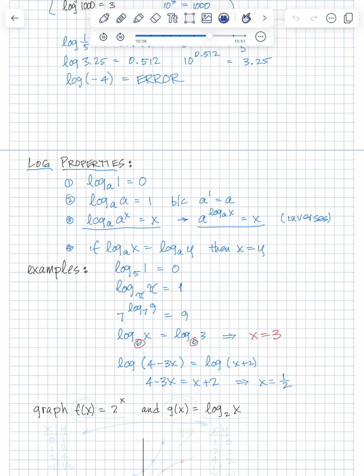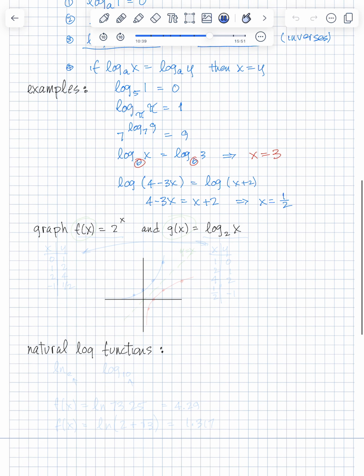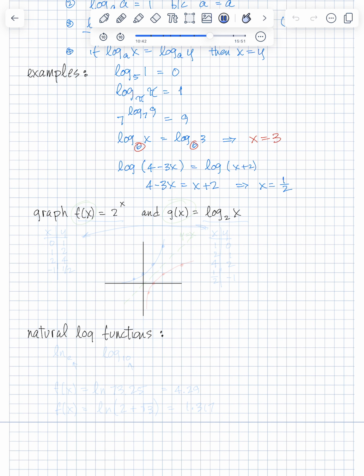Okay, so let's take a look at a graph of the exponential function, f of x equals 2 to the x, and its inverse, g of x, which is equal to log base 2 of x. So let's do an xy table, look at some points to plot. First I'm going to plot f of x equals 2 to the x.